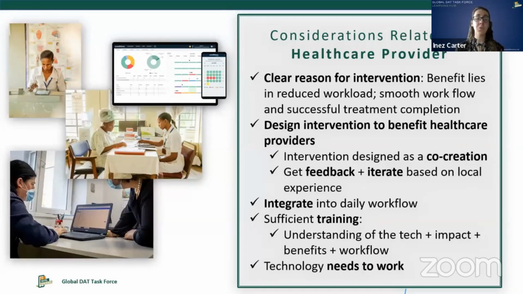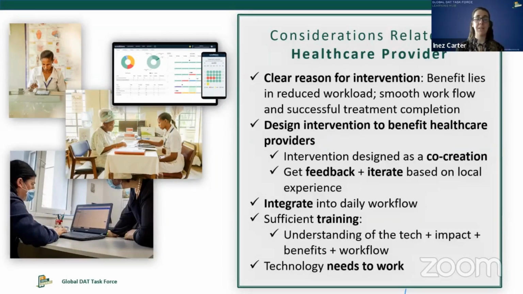And then similar to people with TB, you also need to make sure that healthcare providers receive sufficient training. This includes understanding how the technology works. So for a healthcare provider, understanding what happens when a patient sends through their adherence data, and how the actual adherence platform works. They also need to have a good understanding of the impact of this technology on people under their care, as well as the benefits both to themselves as healthcare providers and to people on treatment.